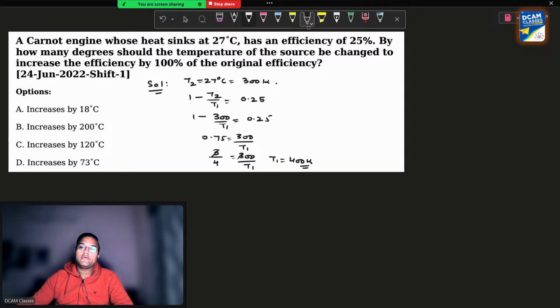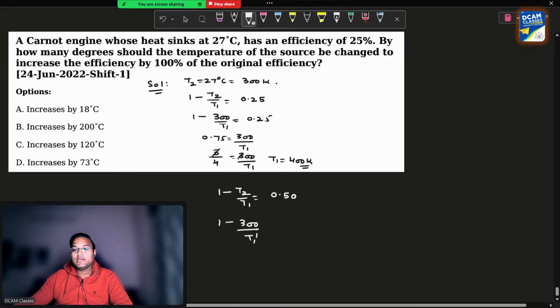Now what they have given, by how many degrees should the temperature of the source be changed to increase the efficiency by 100%. Now in the second case, 1 minus T2 by T1 has become 50%, meaning 0.50. Now sink is 300 only. Let the new temperature be T1 dash.